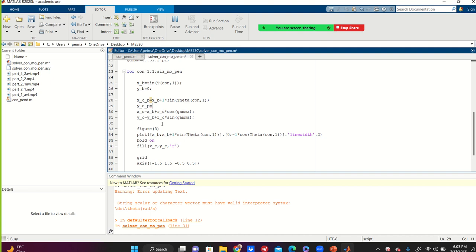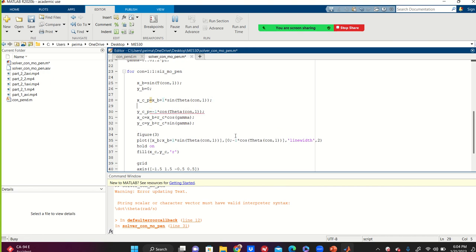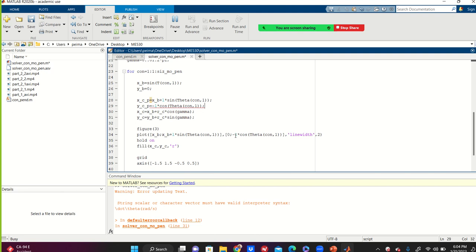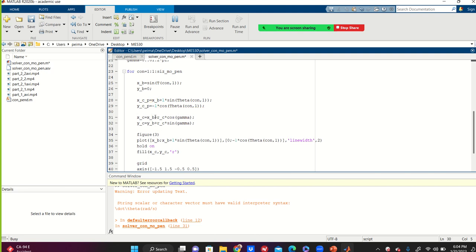And here now is L minus L cosine theta. Okay, and this is x of center of pendulum and y of center of pendulum. See what I have done?